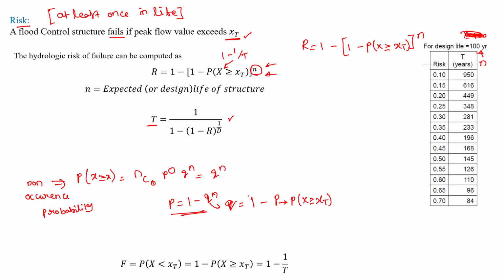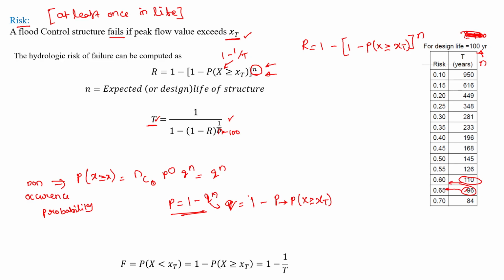If I vary t, with n as 100, you substitute some value and you can get a risk. Let's say risk is 0.1, corresponding to how much t; risk is 0.5, corresponding to how much. In this way you can calculate, and we can come up with either a 100-year return period or a 96-year return period, and the corresponding risk we can also estimate.